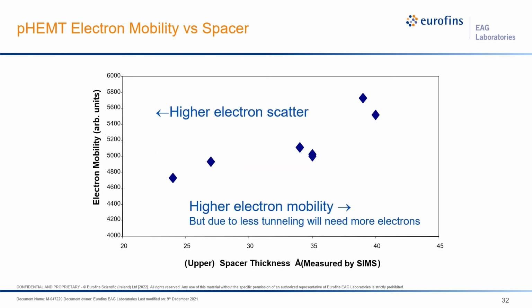When we compare the mobility of these two data points, so here's A and here is B, we see that the mobility is directly proportional to the SIMS spacer layer thickness measurement.